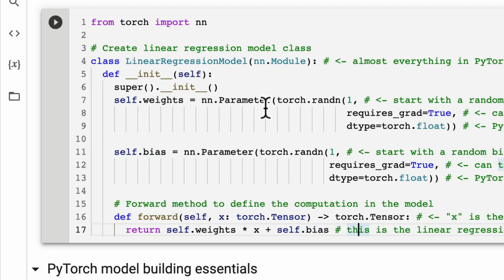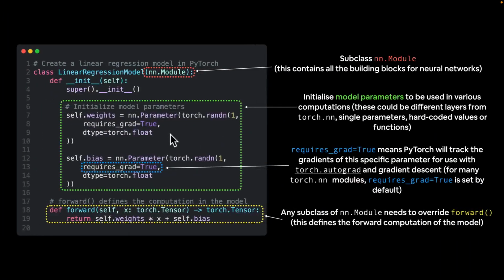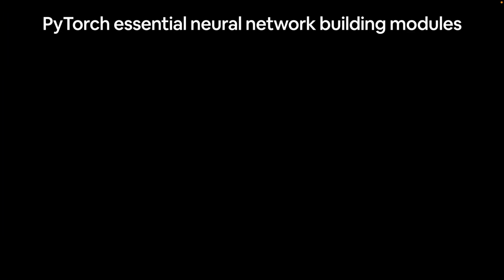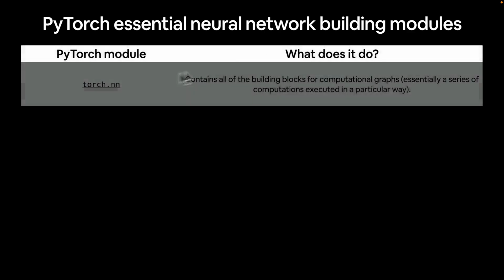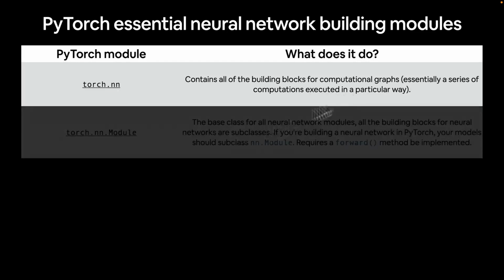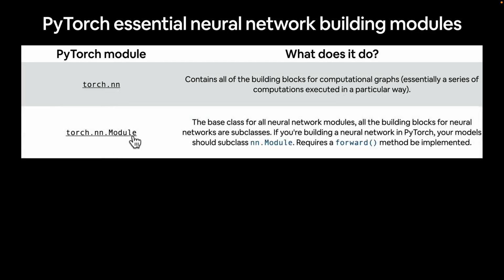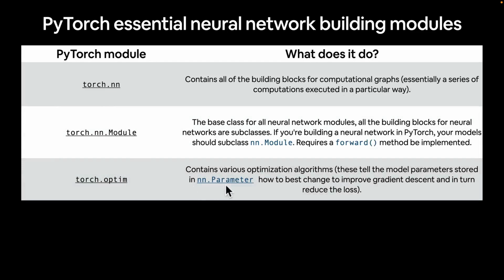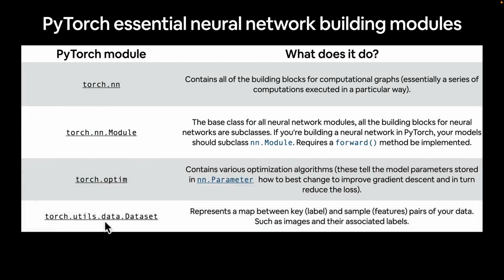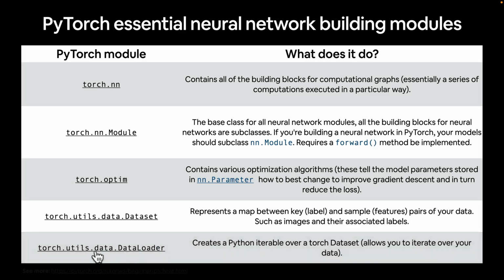I've got a nice and fancy slide here, which basically reiterates what we've just discussed. PyTorch essential neural network building modules: torch.nn, torch.nn.Module, torch.optim, torch.utils.data.Dataset. We haven't actually talked about this yet. And I believe there's one more, DataLoader.